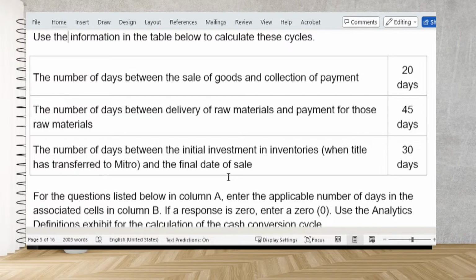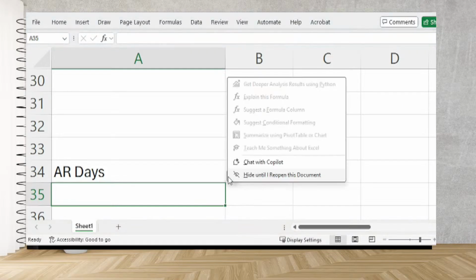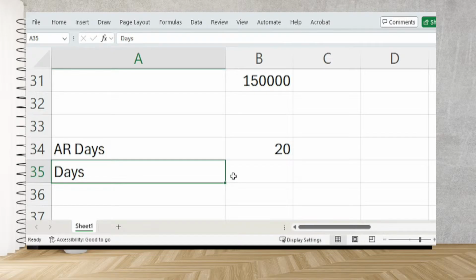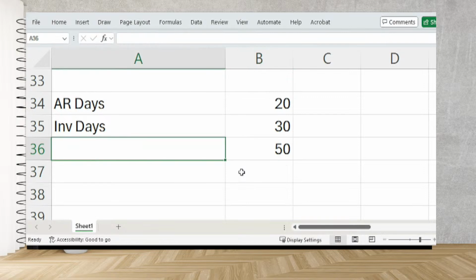Okay, so if it is given the title has been transferred, it means on the day of the purchase. Okay, so it is 30 days. So this is basically the inventory days, which is 30. Okay, so the operating cycle is basically 50 days. This is my operating cycle.